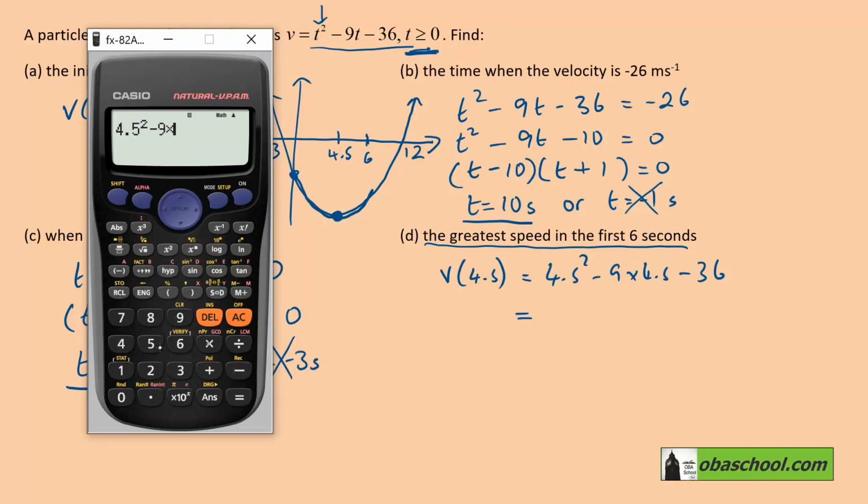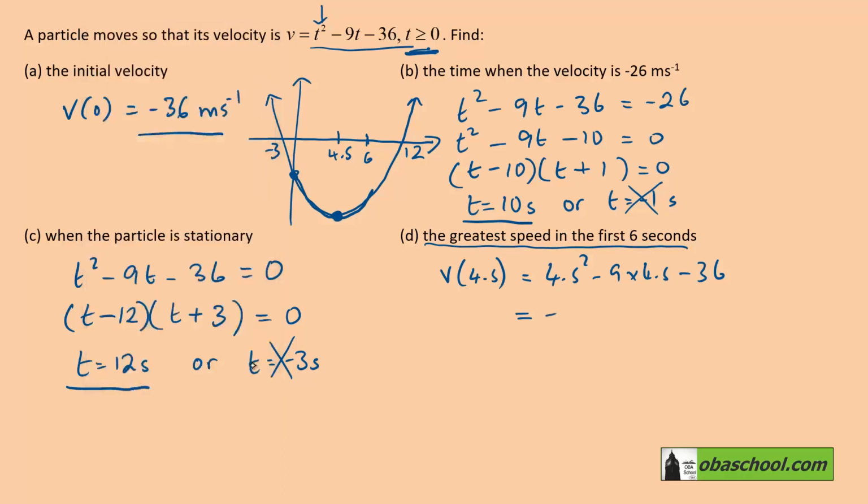Take away 9 times 4.5. Take away 36, which is negative 56.25. And therefore the max speed is 56.25 meters per second.